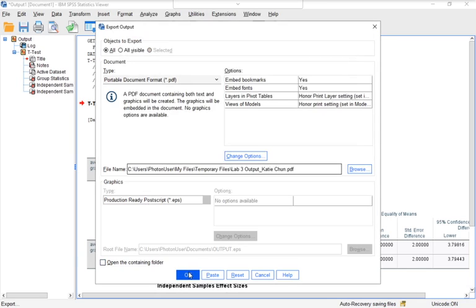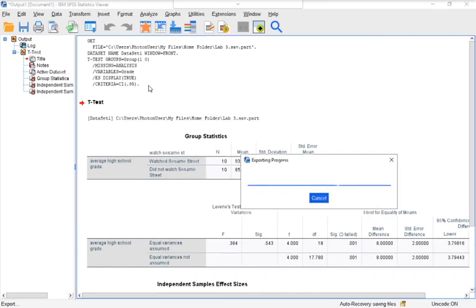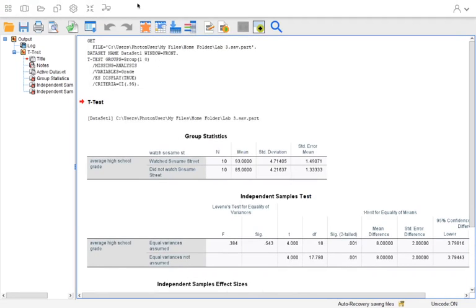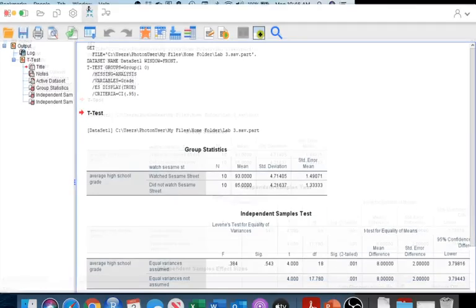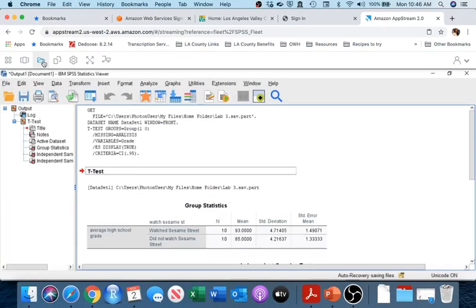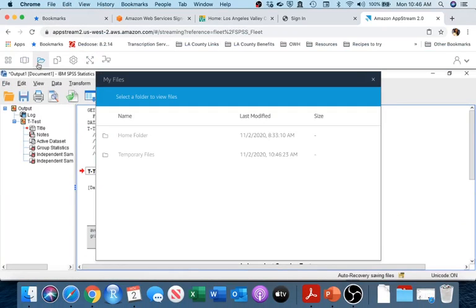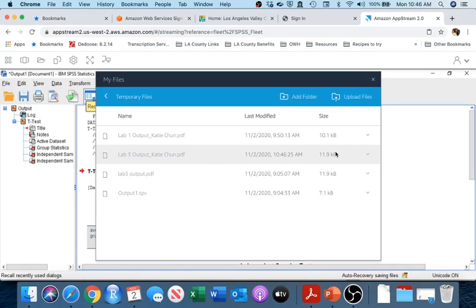Okay, then I'm going to press OK. And then I'm going to get out of this expanded window, press the file, press the temporary files, and then I am going to download this.